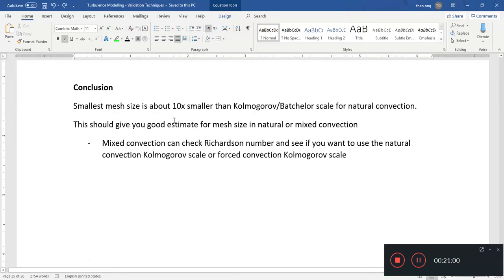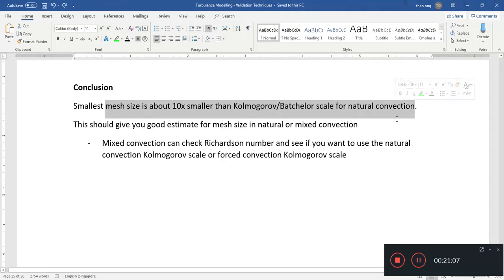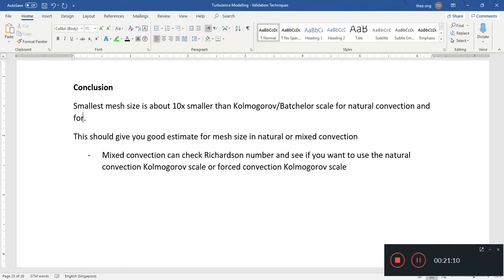Okay, so now conclusion. The smallest mesh size is about 10 times smaller than the Kolmogorov or Batchelor scale for natural convection and forced convection at low turbulence. Okay, what is low level? That means just after transition, not 100 times bigger, because we only do about 1 to 10 times of that, and we see this relationship actually being pretty good.